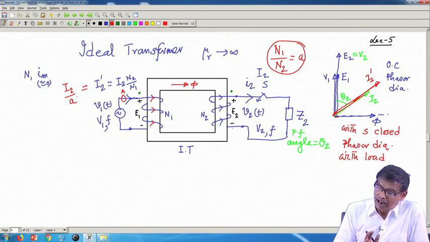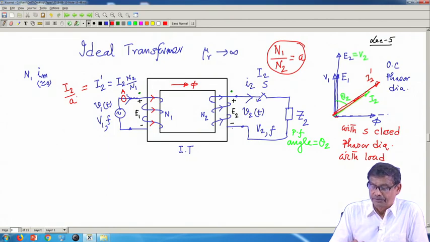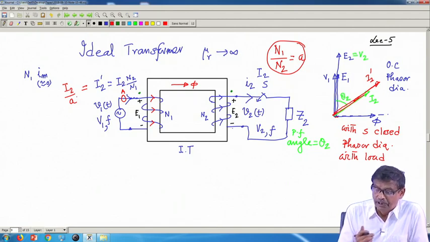Now, I will tell you about one very important thing, that is the equivalent circuit of this ideal transformer.